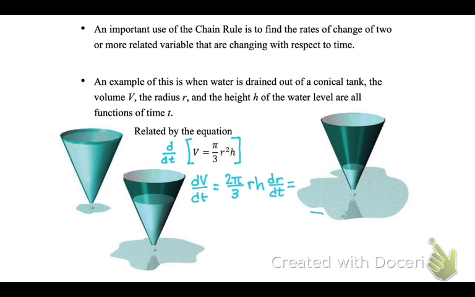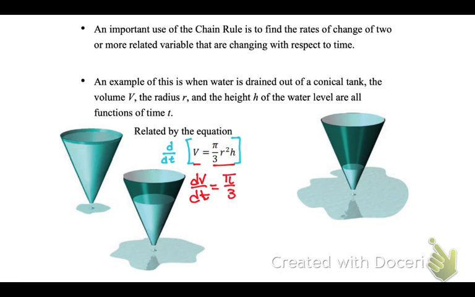Wait, which one of these equations are we supposed to write down? Let me start over since I lost you. We're differentiating both sides of this. What is that equation? That's the volume of a cone. Okay, so we would have dV/dt, and I'm going to spit out the pi over 3.